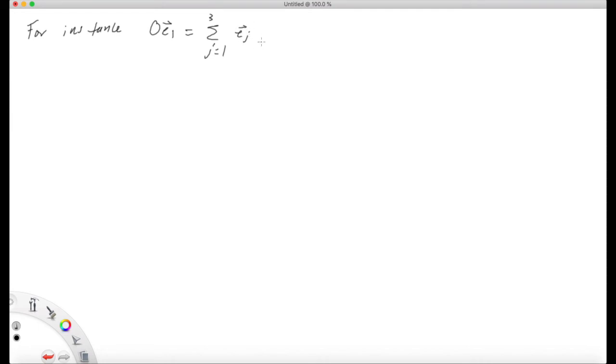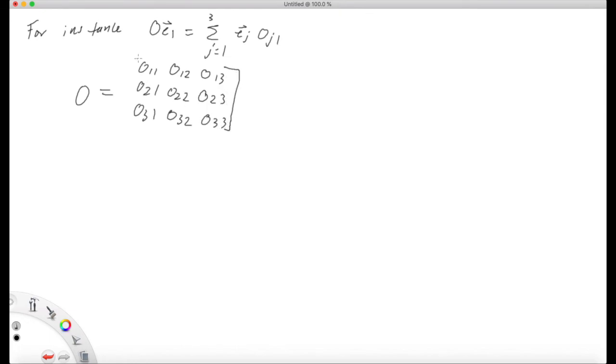Okay, so if we write O in the matrix form, then these I and J just correspond to the rows and columns. For example, we have O, I, and J. If I is 1 and J is 1, then that's just O11. That's the entry in the first row and the first column of the matrix representation of O.